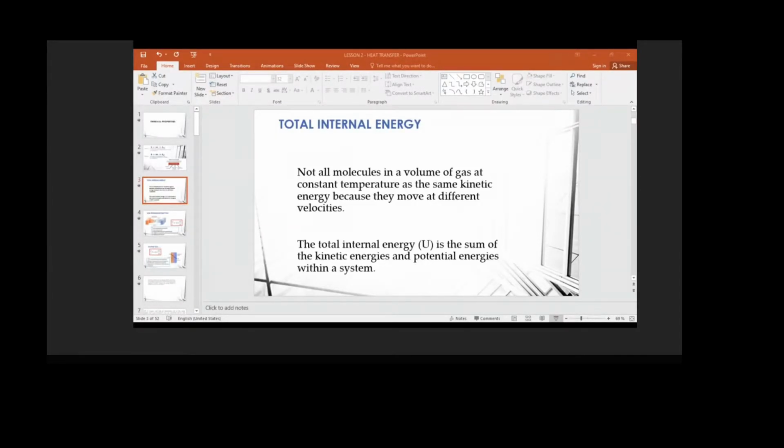Right, so the Q over t tells us it's the heat transfer per unit time, and we know that heat transfer per unit time is another quantity known as... anybody? What term in physics is the heat transfer per unit time?